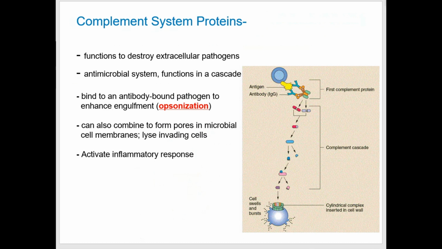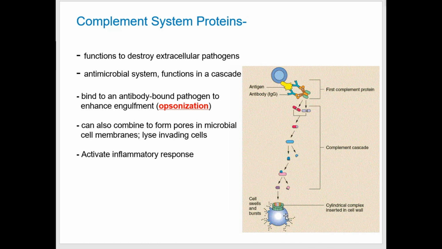One protein activates another one, and you can see right here, and this one activates another one. And then in the end, there's going to be an effect. And in this case, these proteins came together and they formed a pore in the microbial cell membrane. So what's going to happen to that cell is it's going to lyse. It means this is it. Traffic is no longer regulated, homeostasis is compromised, the cell is going to die.